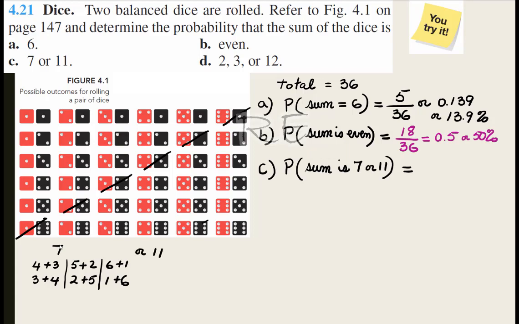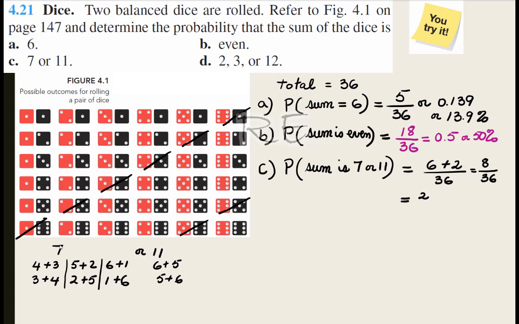Now the probability that the sum is equal to 11 is 6 5 and 5 6. These two. Add them up together. We're going to have 6 plus 2 over 36, which is 8 over 36.